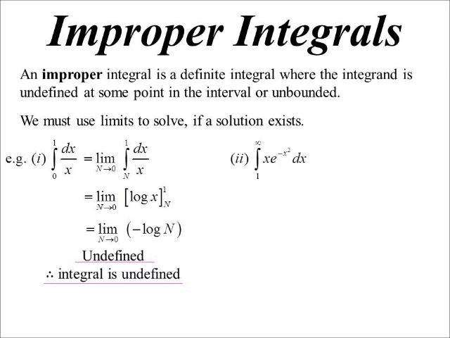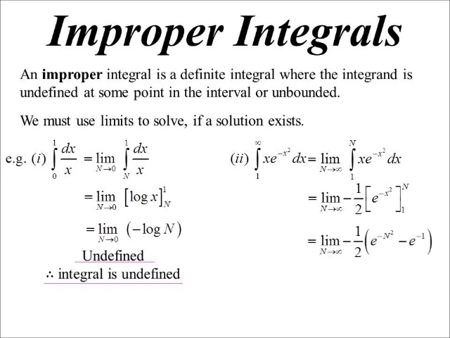So the integral of x e to the minus x squared, if I was going from 1 to infinity. Really, I guess the way I think about it is, it's the limit as n approaches infinity of the integral of 1 to n, and I'll just integrate that one. And of course we have derivative times function there, so minus half e to the minus x squared. Substitute in the n, substitute in the 1.